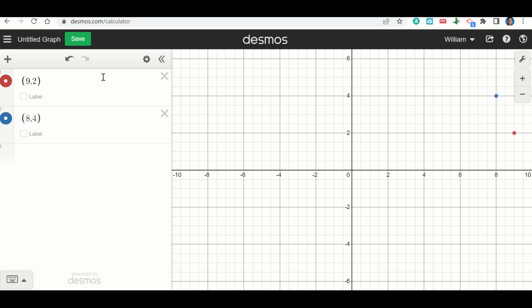So I can plot as many points as I need by using this format of parentheses and then the x coordinate, y coordinate, and then closing the parentheses. And I can graph any points that I want. So negative 2, negative 5 puts the point right there. So I can graph as many of these points as I need to, and Desmos will do it for me. So that's how you can let Desmos check your work for you.